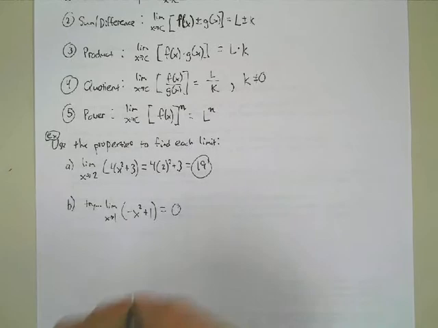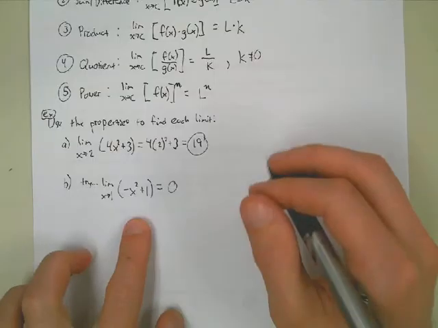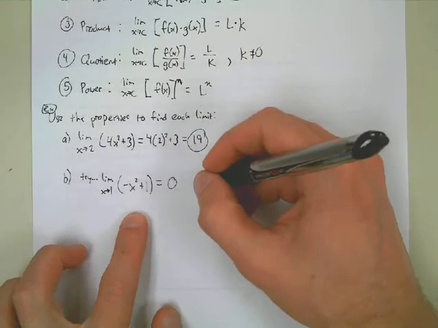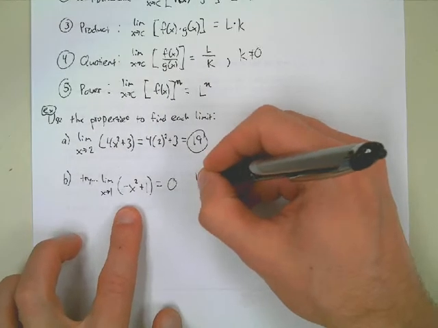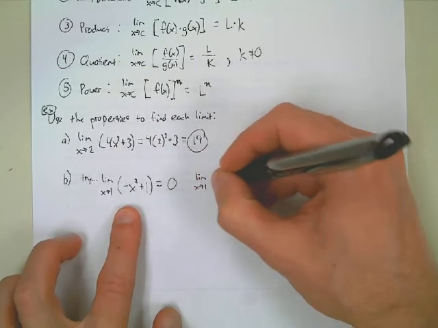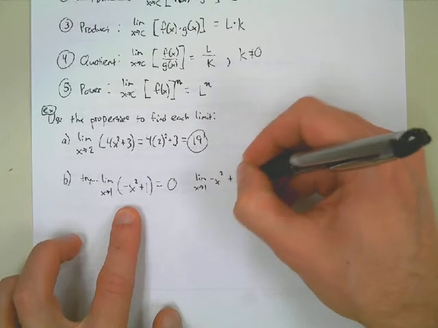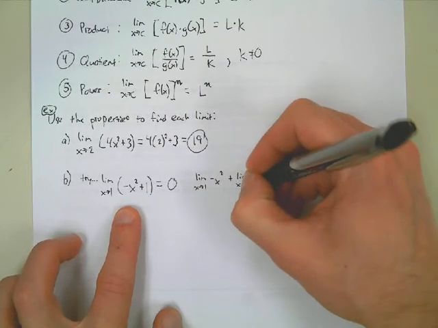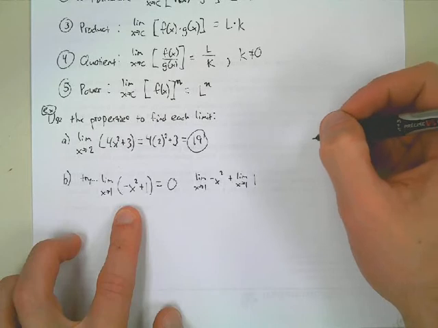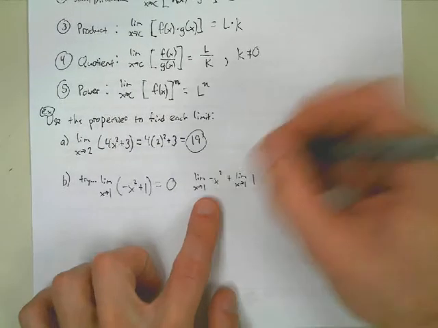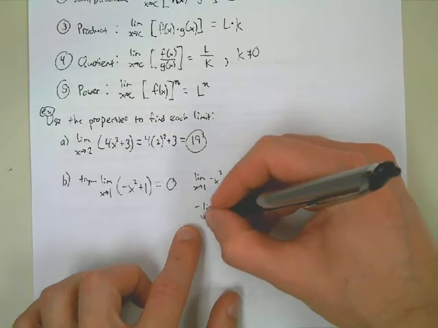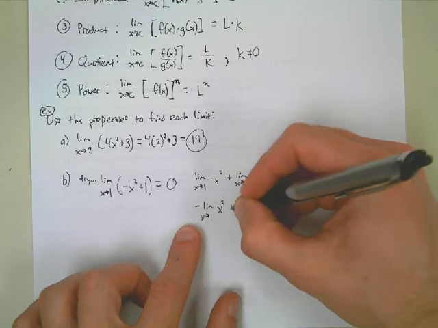Okay. So again, if you really want to break this down using your rules, you don't have to do it this way, but here's how we can rewrite this. I can write this as the limit as x approaches 1 of negative x squared plus the limit as x approaches 1 of 1. And if I really want to break this down further, I can put a negative in front of that limit and make this just x squared, and then the limit as x approaches 1 of 1.